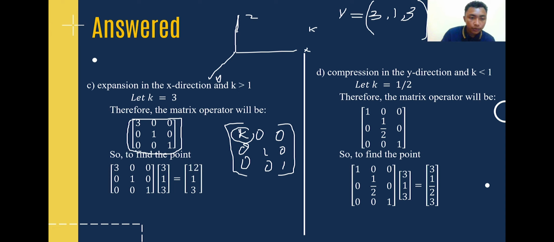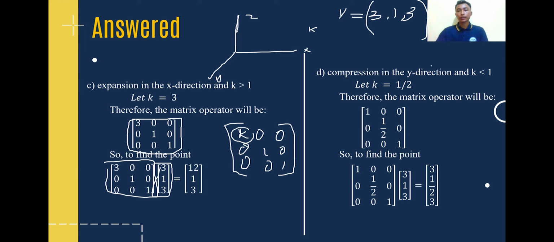So this is the formula for this question. Same as before, we just need to multiply this matrix with the coordinate. So the result will be 12, 1, and 3.